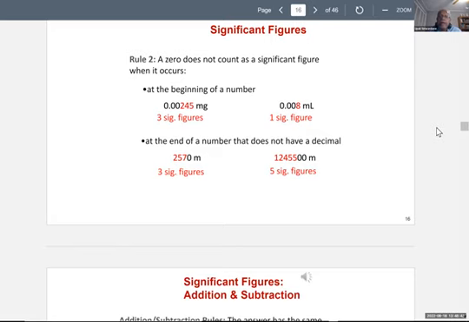If I had a decimal point there after the 0, it becomes 4. But none of these have one. Okay, this is a whole number. These 2 zeros are not significant. Therefore, it's only 5 significant digits.